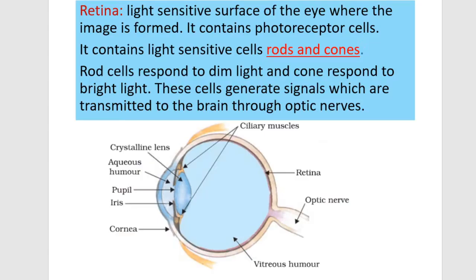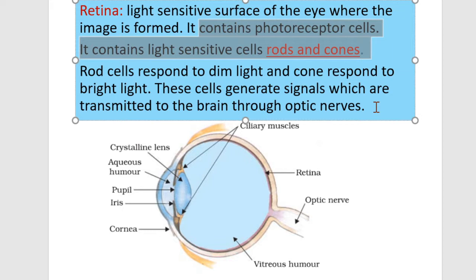Next is the retina. I already told you that the retina is the screen of the eye. Retina is the place where the eye forms its image, and it has two types of photoreceptor cells, rods and cones. Very important: rods help us to see in dim light, and cones help us to see in bright light.